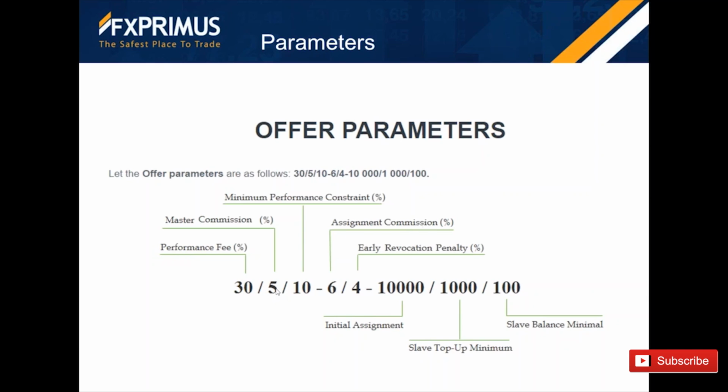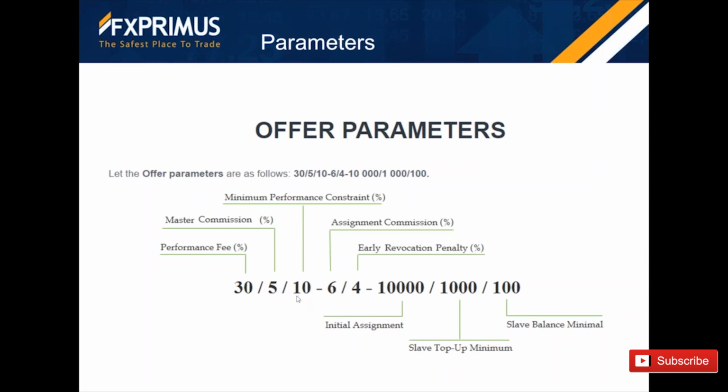So 30, the first one, is the performance fee, which we mentioned before. At the end of the trading interval, if there's a profit, 30% of the profit will be paid to the master. This is the master commission. The second parameter is the management fee. It's 5% per year, but it's paid on a daily basis.